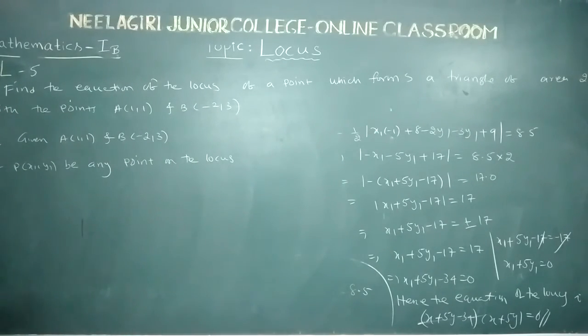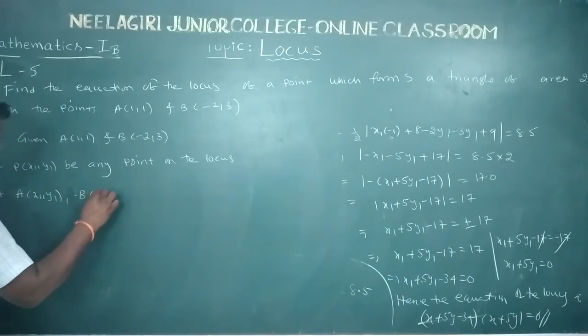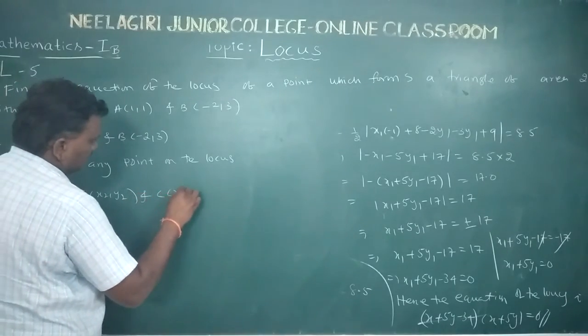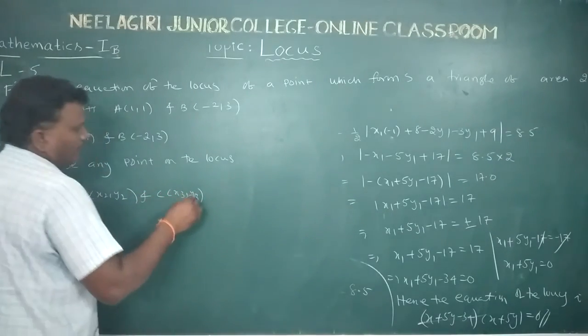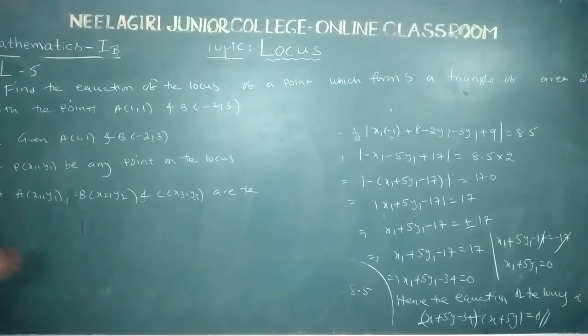Next, let A(x1, y1), B(x2, y2) and C(x3, y3) be the vertices of triangle ABC.